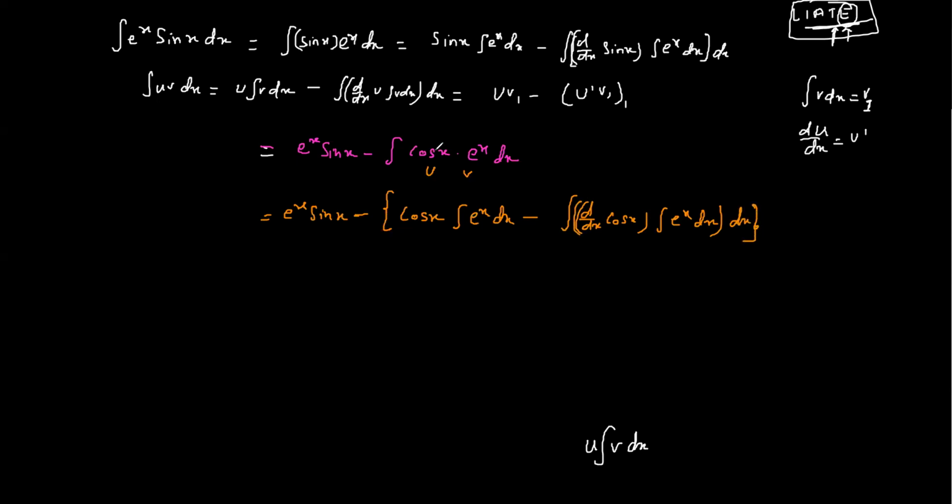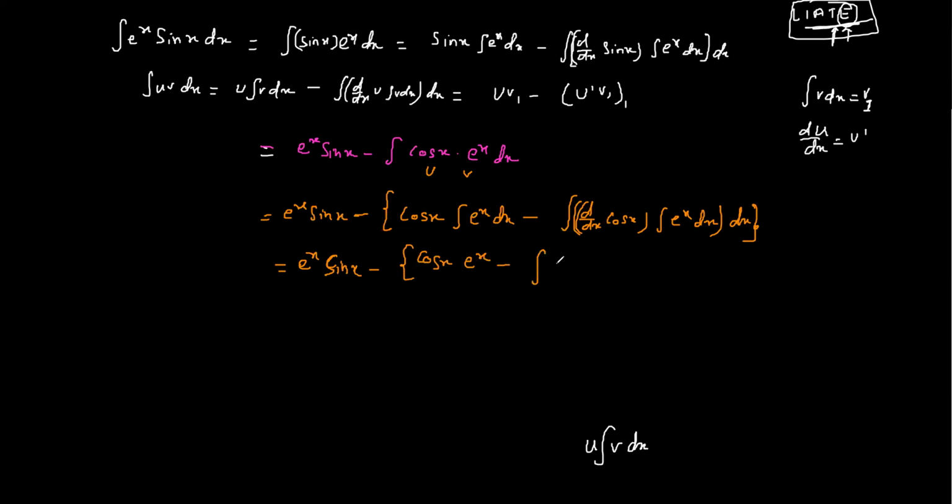You understand why we are using integration by parts again? Because this function comes in product form. And how are you getting this function? By using this formula. Cos x times integration of e^x is e^x.